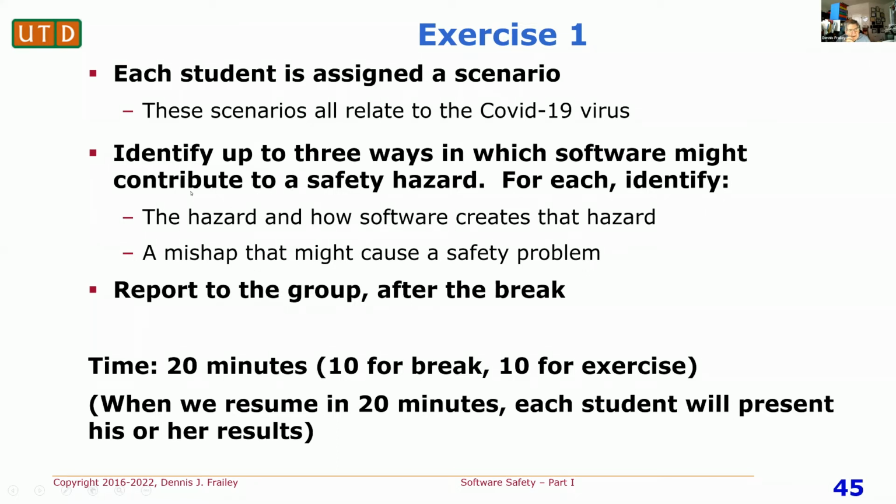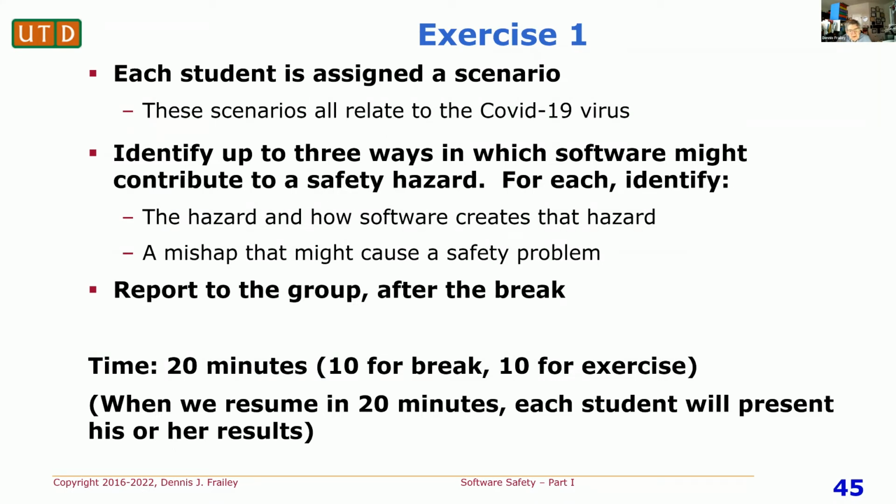What you as a student should do, and you're going to have a break of half an hour, which gives you time for a break plus time to work on exercise 1. So we'll resume at about 25 after 10. During the break, you will identify 3 ways in which software might contribute to a safety hazard for the scenario assigned to you.